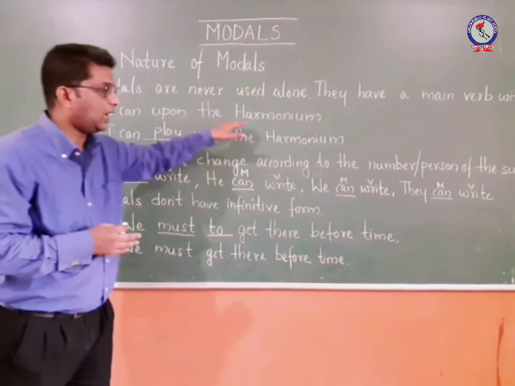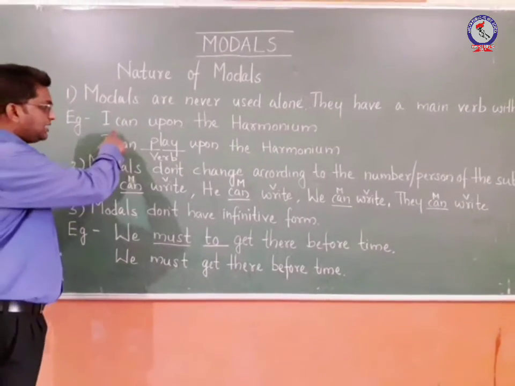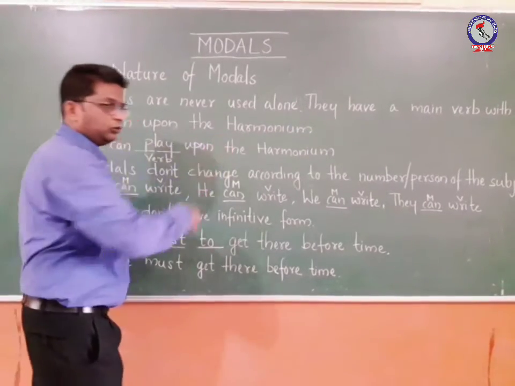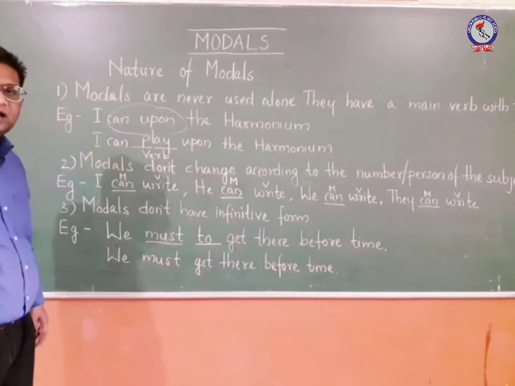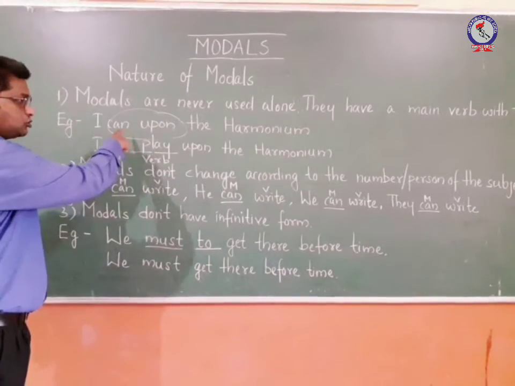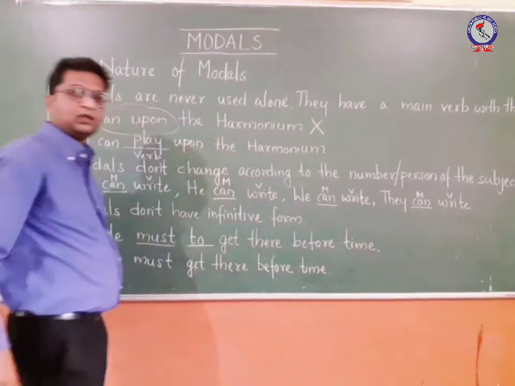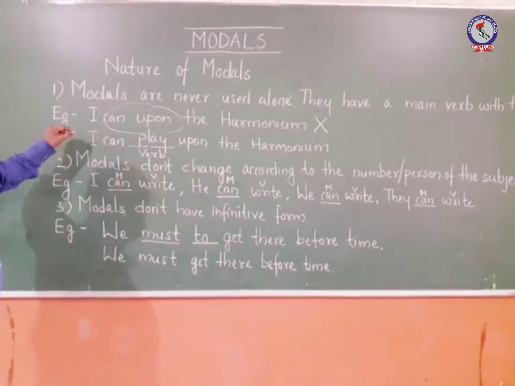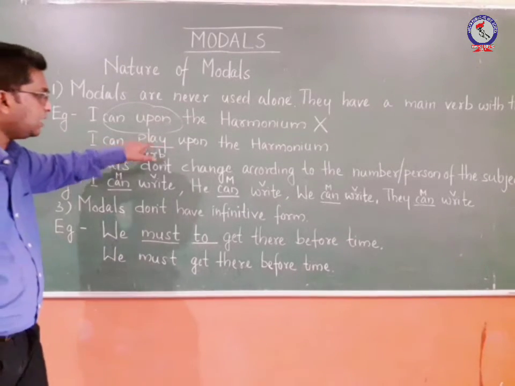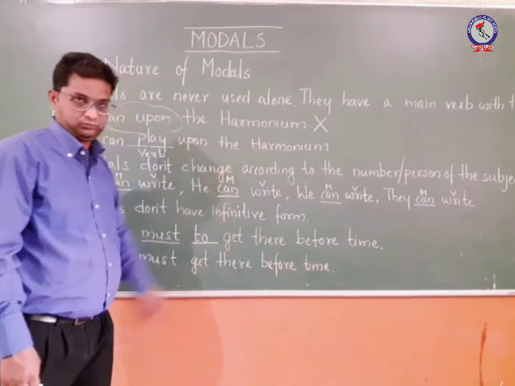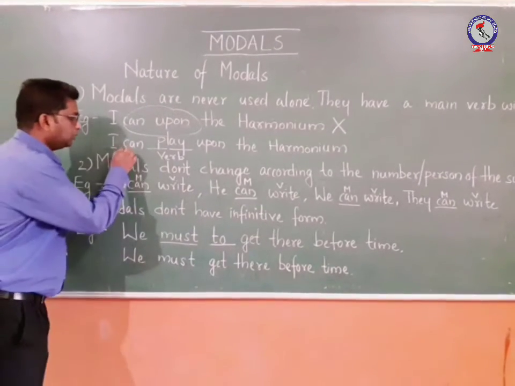I can upon the harmonium. You see here, in this sentence, I can upon the harmonium, we are missing the verb here, so therefore it is incorrect. Now second sentence, I can play upon the harmonium. Now here we have the verb and the modal.